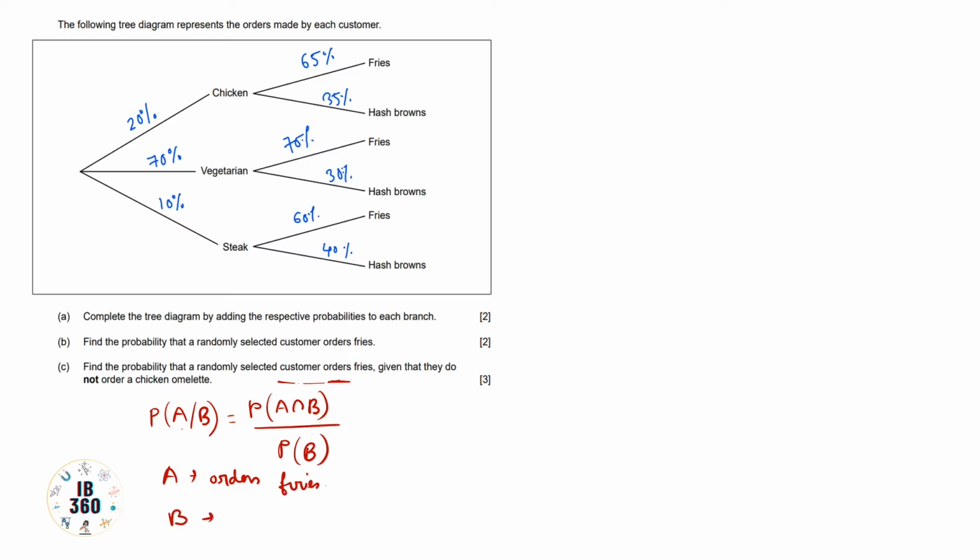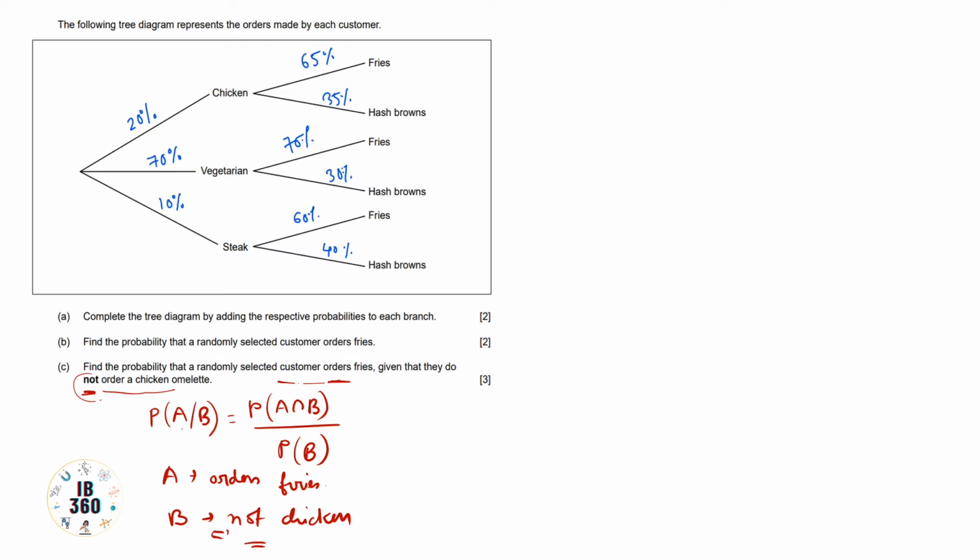and B is, that is they do not order chicken omelette. Here you have to see the bold option, that is not. So B is not chicken. You have to keep in mind, do not take just chicken, so this will be not chicken.